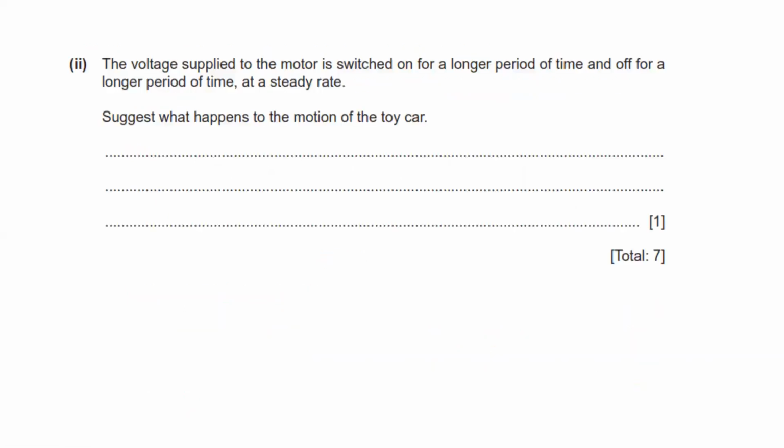Then part 2, it says the voltage supplied to the motor is switched on for a longer period of time and off for a longer period of time at a steady rate. Suggest what happens to the motion of the car.